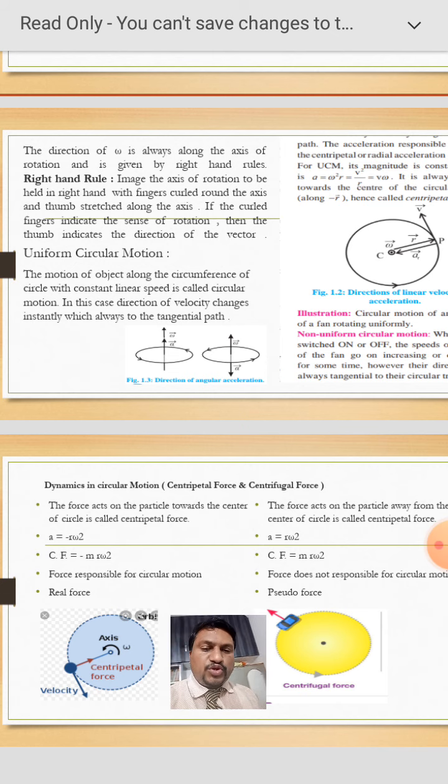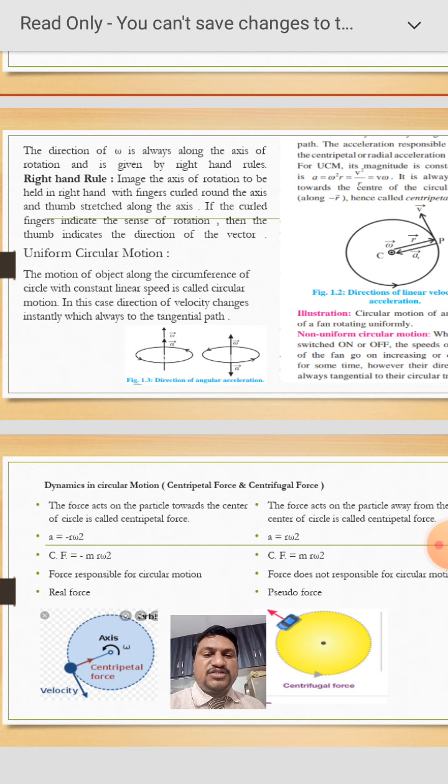The centripetal force originates from any one of these fundamental forces, so it is a real force. The main condition of a real force is that it originates from one of the fundamental forces.